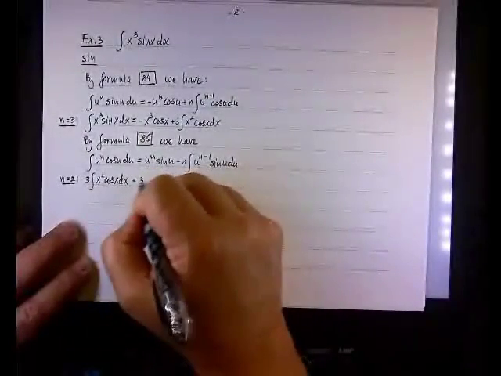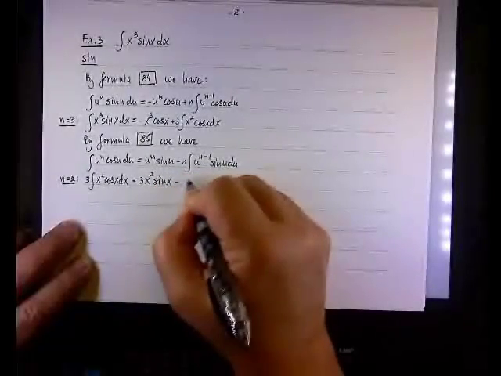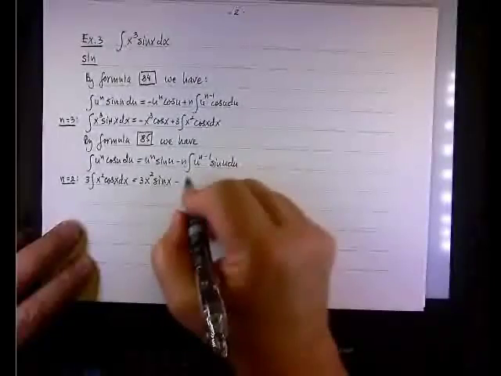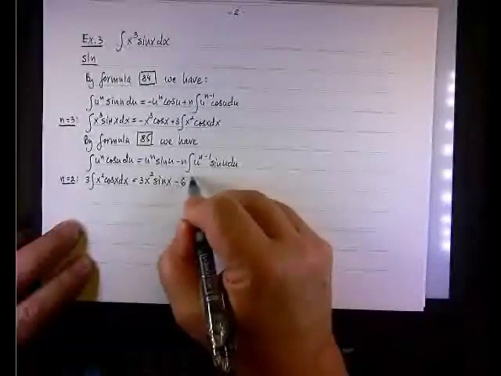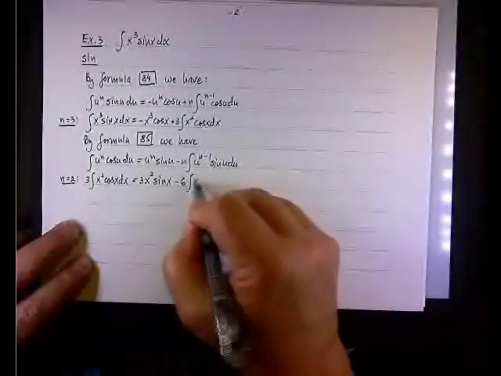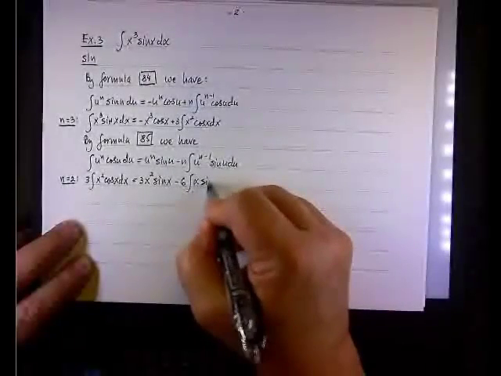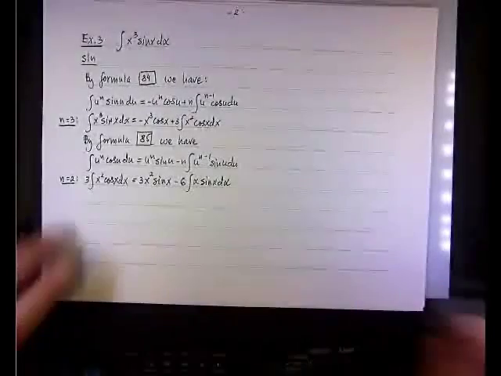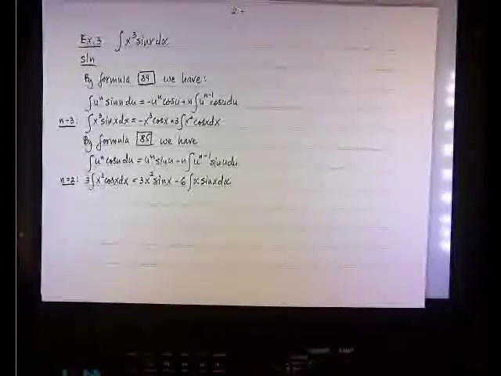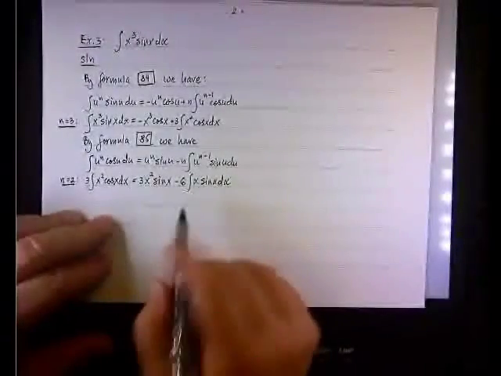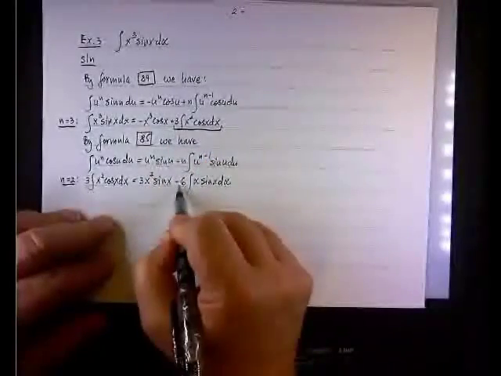So we have 3x squared sine x minus 3 times 2, so minus 6, right? 3 times n is 2, so minus 6 times the integral of x to the power of 2 minus 1, which is x sine x dx. So now we need to work on this integral.